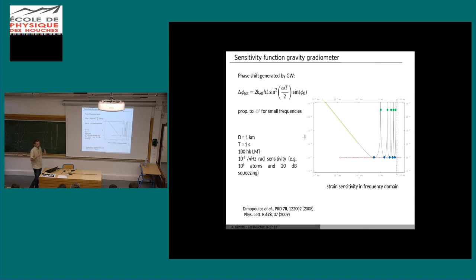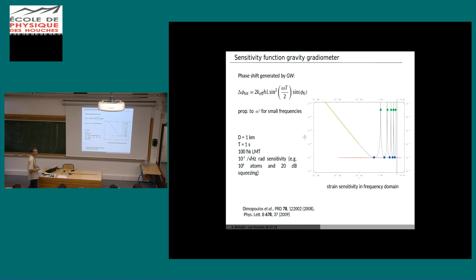So I will not really explain the math that gives this formula, but I will try to explain why we get this strange sensitivity function for the gravitational wave detector. So this formula translates into this graph. Okay, there are several features that I will explain.